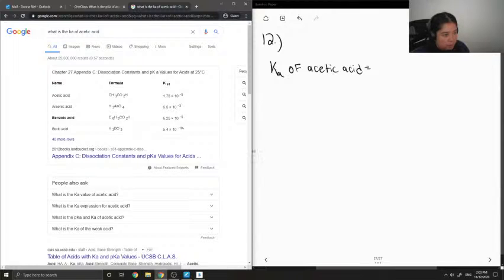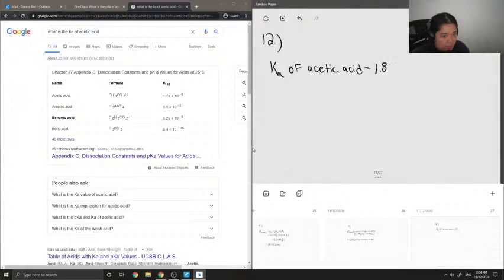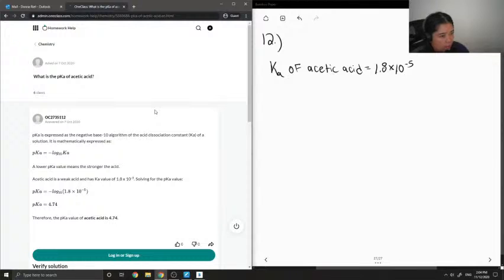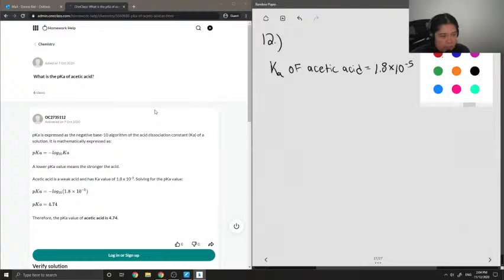Okay, so we see that it is around 1.8 times 10 to the negative 5. So now that we know the Ka value of acetic acid, which is also known as the dissociation constant, we can calculate the pKa.